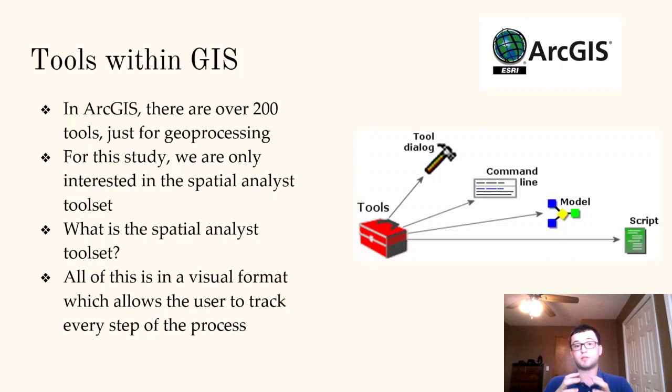Basically, it allows us to look at what is happening at the ground level with a given raster data set. All of this is in a visual format, which allows the user to track every step of the process. So I was able to, with GIS, track what I was doing and how it was happening in these maps, which I think is very, very cool in and of itself.